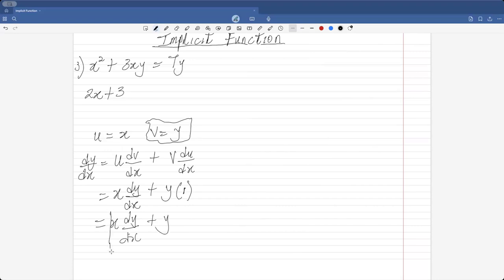So let's bring this into this function here. We have x dy/dx plus y, close parenthesis, equals the derivative of 7y, which is 7 dy/dx. So let me create some space here.